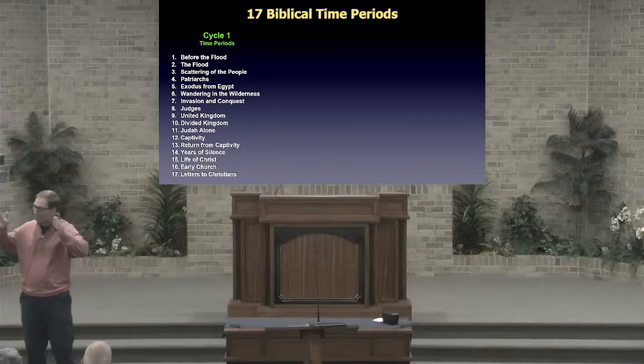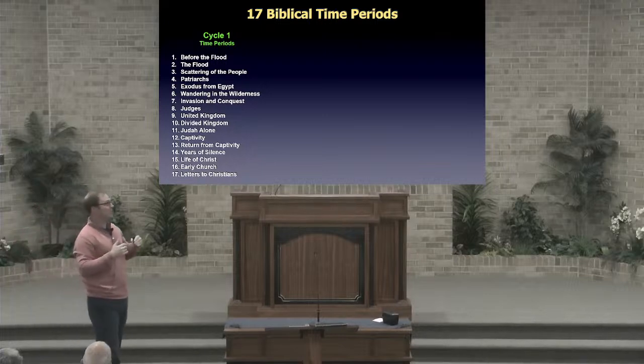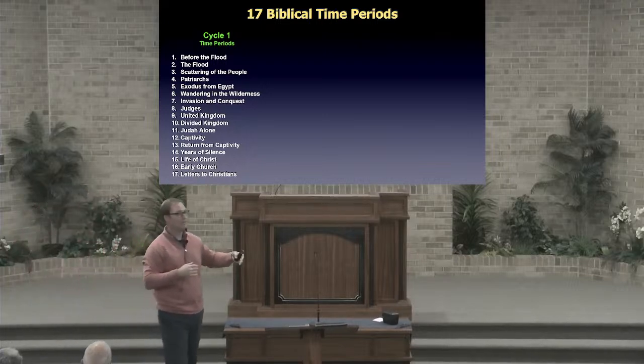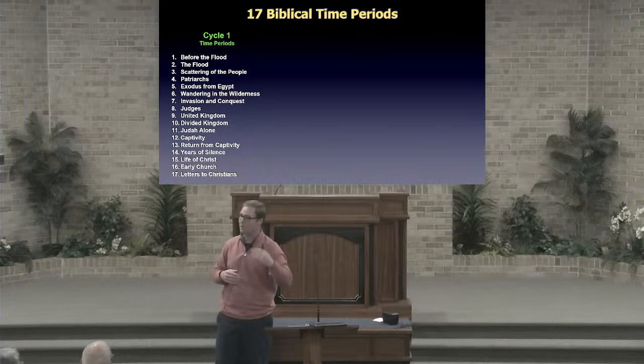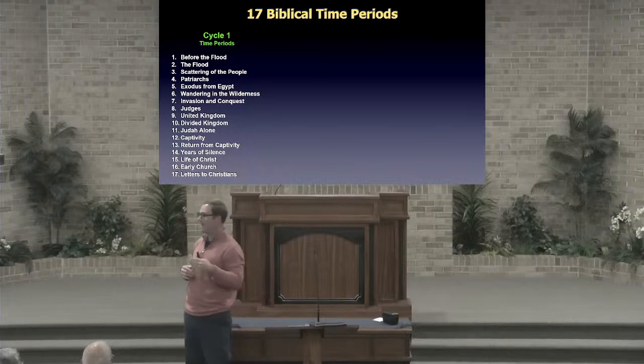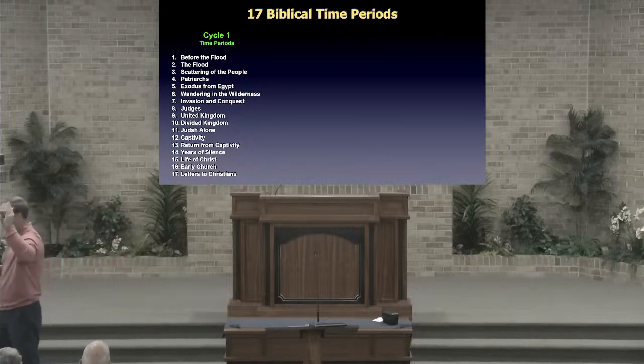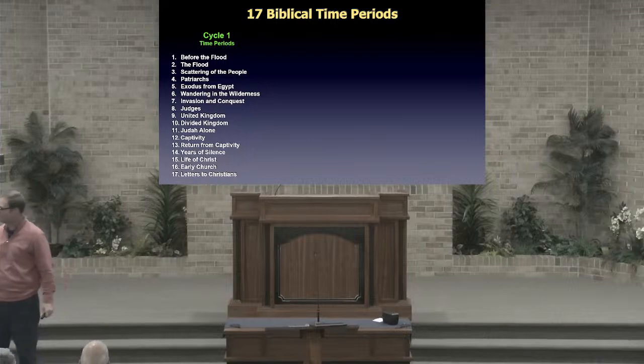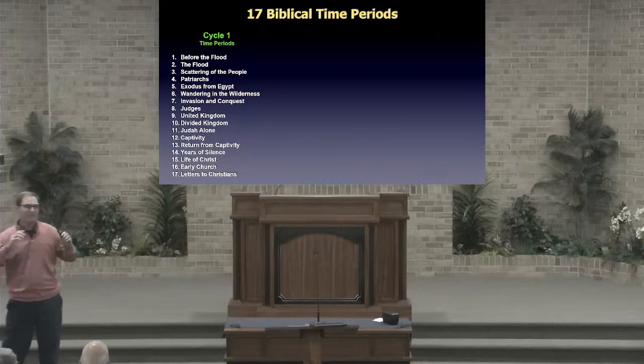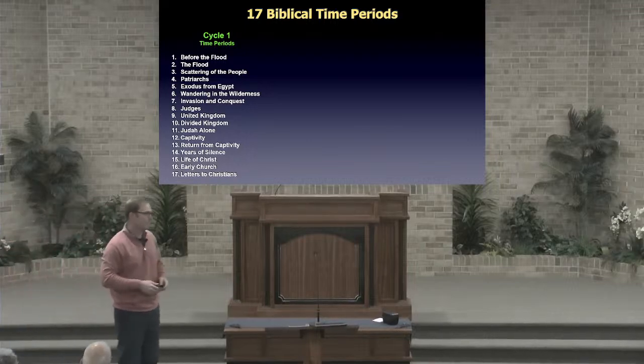But this is the first cycle. You do not move on to cycle 2 until you have mastered cycle 1. And by mastered, I mean you can say it top to bottom, bottom to top. I could take some of these off and you would be able to figure out which ones are missing. Okay? You master cycle 1.